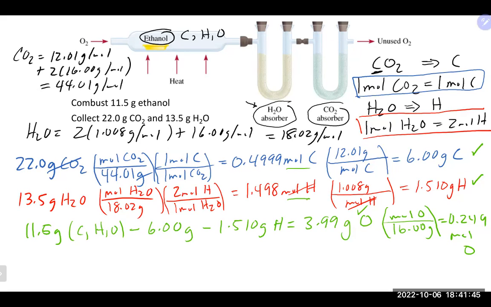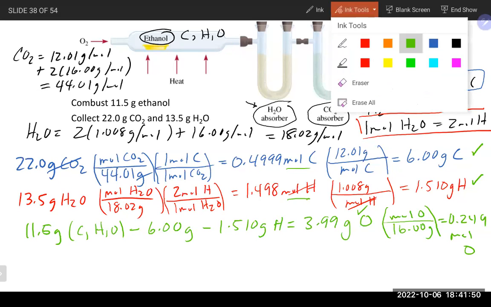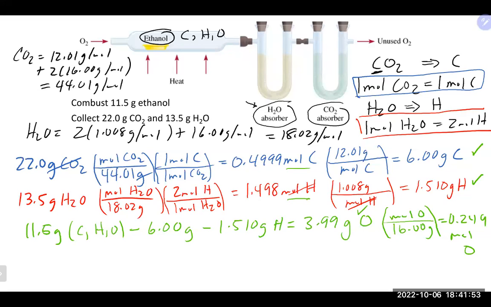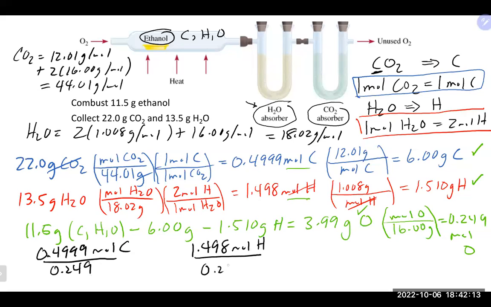Now I have all 3 of my moles, and I just need to divide by the smallest, which is the oxygen. So we'll take the 0.4999 moles of carbon divided by 0.249, our 1.498 moles of hydrogen divided by 0.249, and our 0.249 moles of oxygen divided by 0.249.